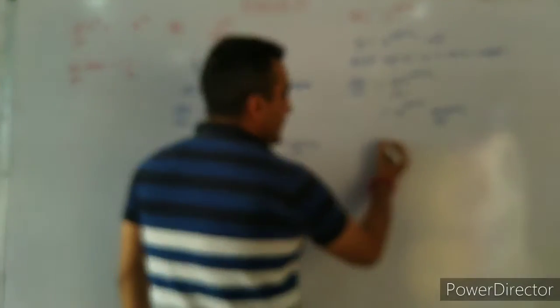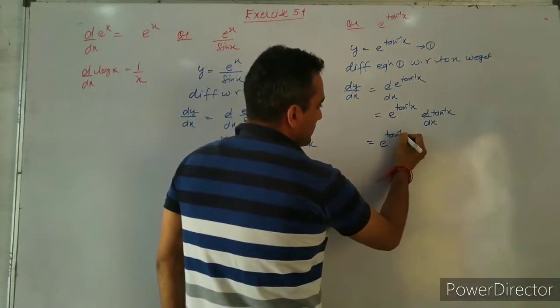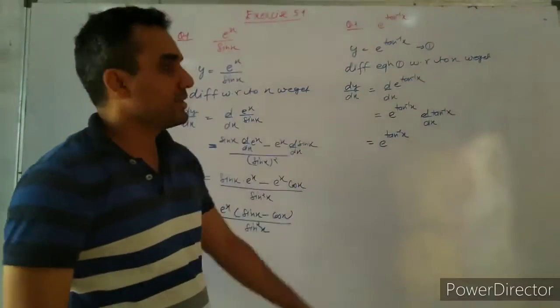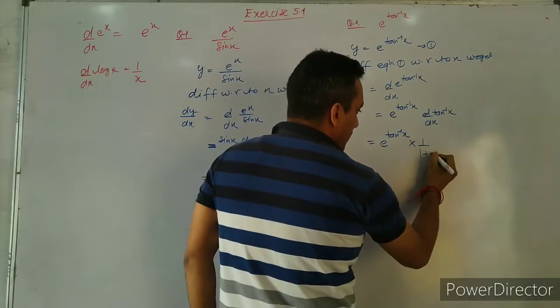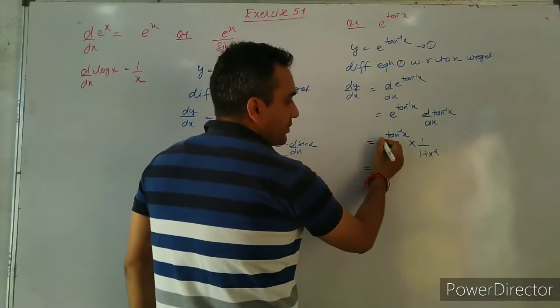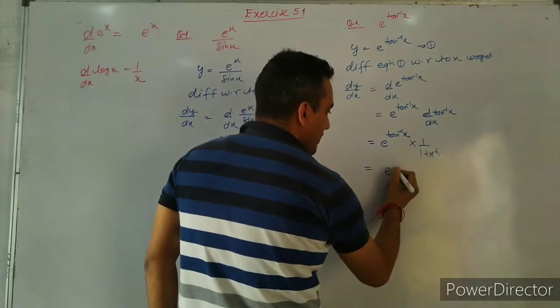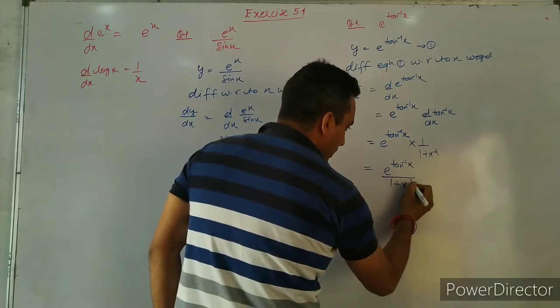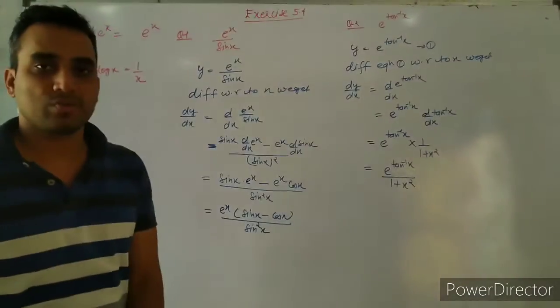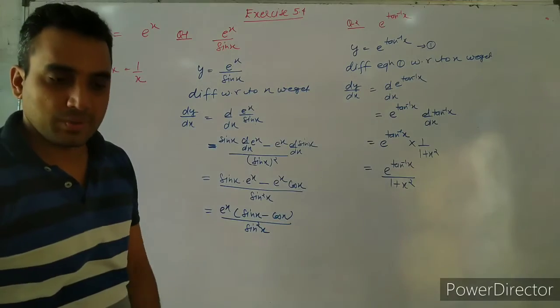Again, e to the power tan inverse x will remain as it is, and differential of tan inverse x is 1 upon 1 plus x square. So it becomes e to the power tan inverse x upon 1 plus x square. This is our question number 2.